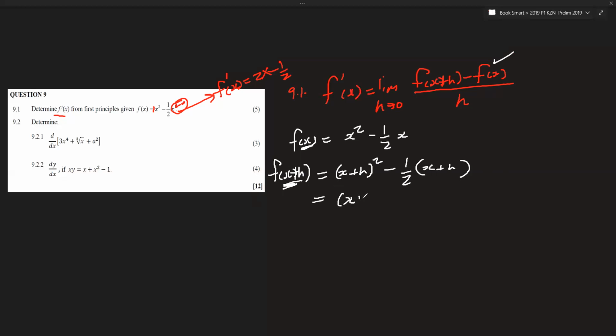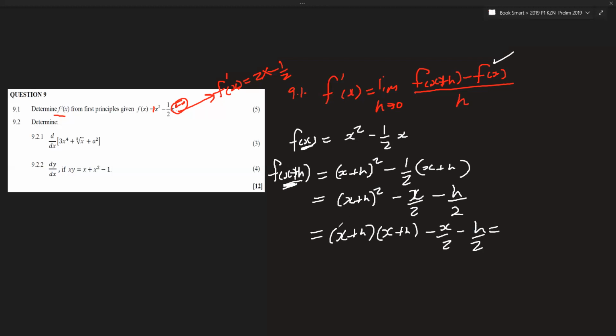So here it's going to be x plus h squared minus half x, or let's just say x over 2 minus h over 2, right? Which becomes x plus h, then another bracket, x plus h minus x over 2 minus h over 2.